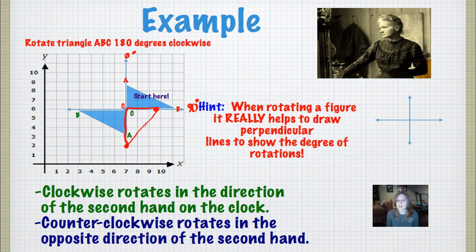To rotate it 90 degrees more, because 90 plus 90 is 180, I'm going to start from here, where my point A was at 90 degrees. So now I'm going to take my point A. Remember, it was 2.5 up on that axis. So I'm going to go 2.5. This is my new point A. I think I'm going to change to a green pen so you can see that better.